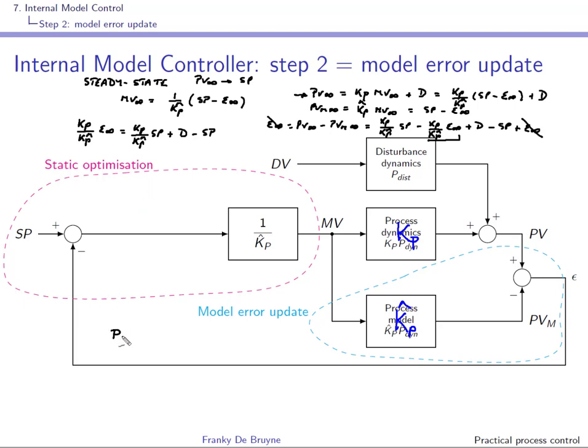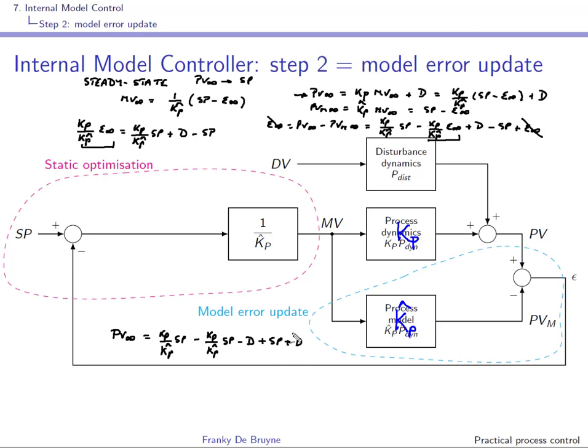PV in steady state is Kp over Kp hat set point minus Kp over Kp hat model error in steady state, but that's this one, right? So we can subtract this one over here: minus Kp over Kp hat set point minus the disturbance plus the set point, and then we have to add the disturbance, right?